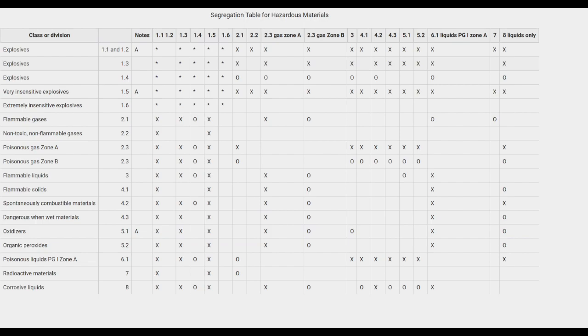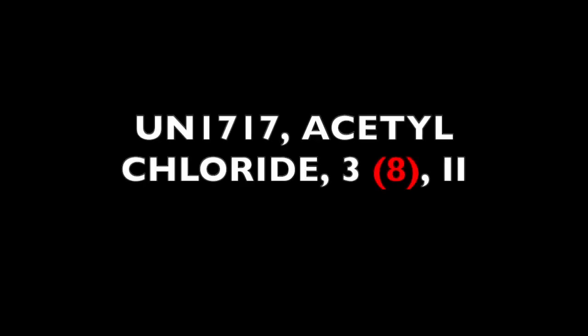When you're dealing with the Hazmat Segregation Table, one thing that's important is you need to know both the Hazmat class, the primary class, and if there are any subsidiary classes. Remember those subsidiaries, it'll look like this. You'll see in parentheses the subsidiary hazard. Before you can determine if they can or cannot be loaded together, you have to know all the Hazmat classes and the subsidiary classes, because whichever is more restrictive, the subsidiary or the Hazmat class, is what you need to go by when you're dealing with this chart.